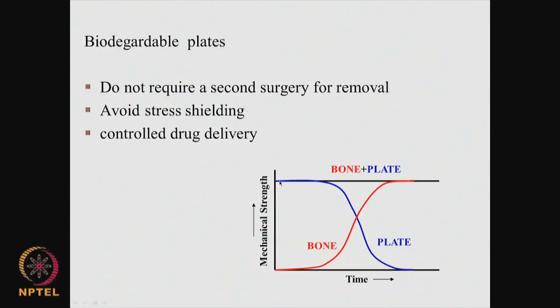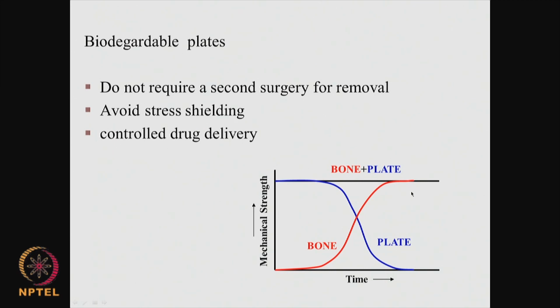Okay, so the plate takes care of the mechanical strength initially, and with time it degrades, so the plate becomes completely useless. In the meantime the bone starts growing, so the bone takes care of the mechanical strength requirements for the rest of the life of the patient. So ideally we would like to have the plate slowly degrading, and later on the bone takes care of the weight and other mechanical requirements.